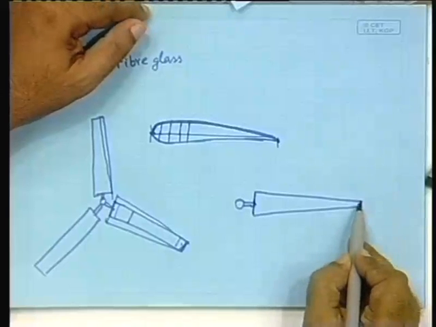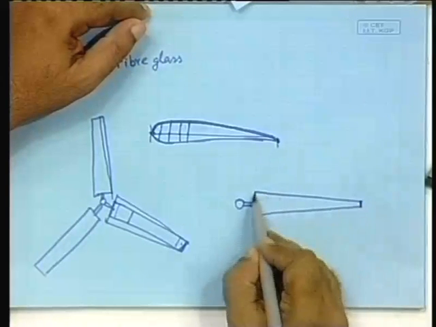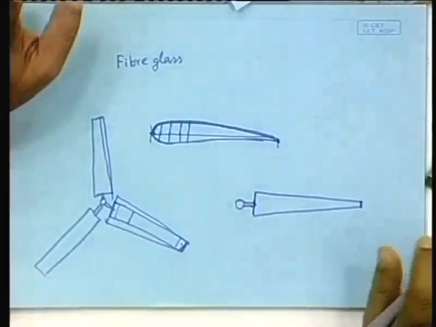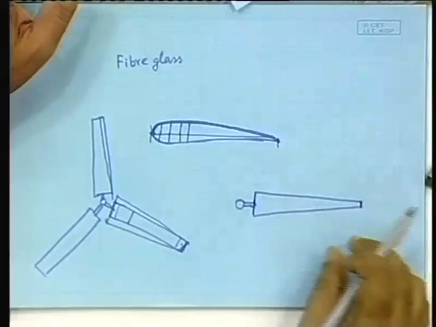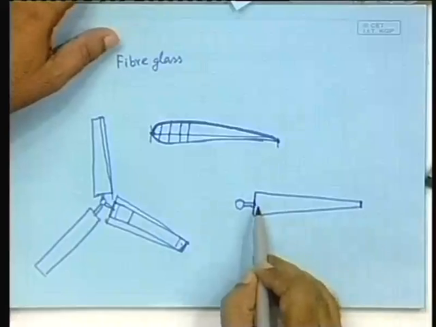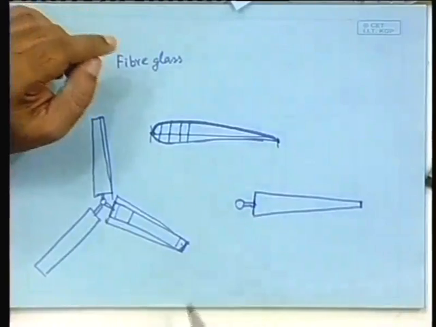So, you essentially make a prior design, a priori you make the assumption that okay, I will be using this much of taper, and then from there you calculate how much will be the bending stress, and then find out whether your blade can withstand that bending stress for the highest possible wind speed that this particular wind turbine can experience. Okay. So, that is how this taper is calculated.